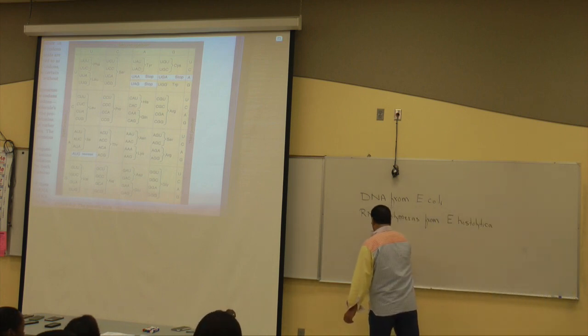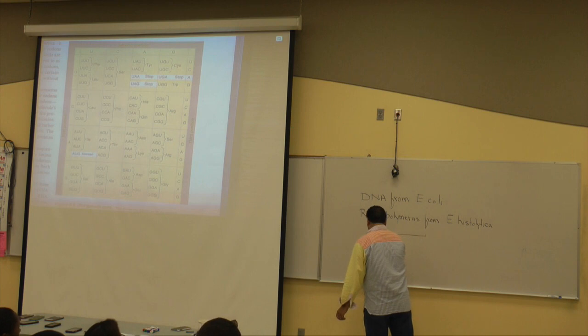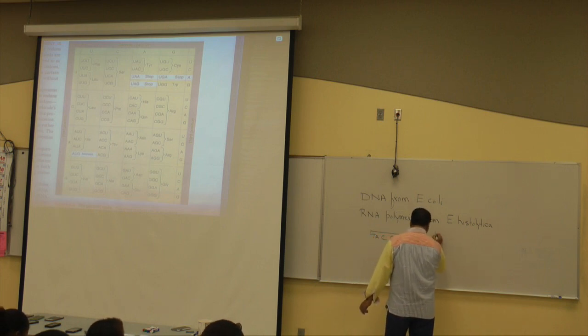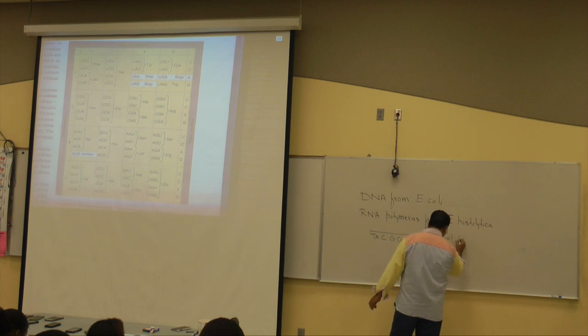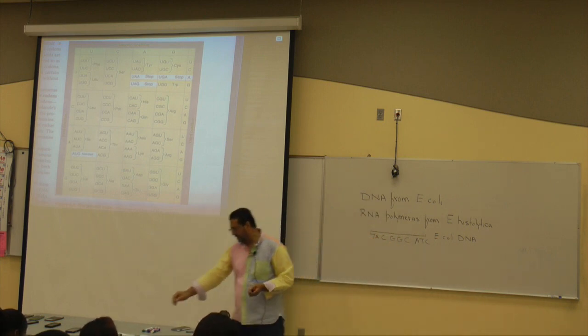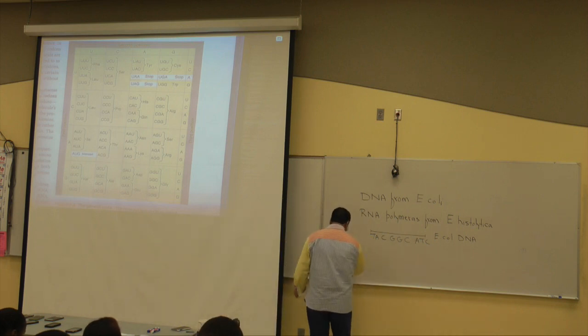So here is the DNA from E. coli: T A C G G G B C A T C. E. coli DNA, and now you have RNA polymerase from E. histolytica.